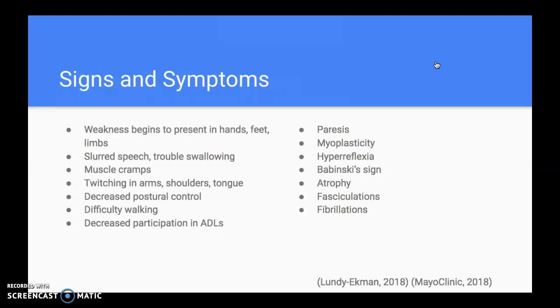When we're documenting, or if we're reading documentation from a client with ALS, a lot of the terms for the signs and symptoms that we might be seeing include paresis, myoplasticity, hyperreflexia, Babinski's sign, atrophy, fasciculations, and fibrillations.